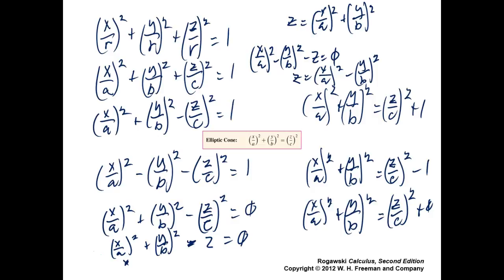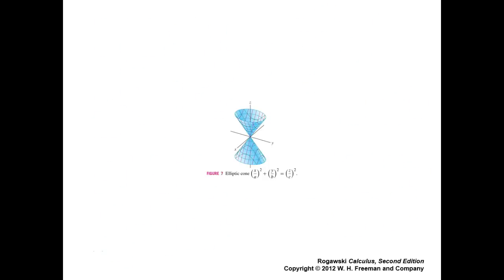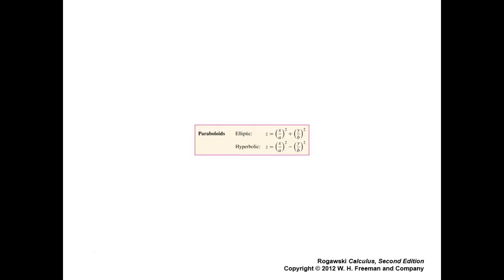And we'll go back and see. By the way, we're right near the bottom of page 673, section 12.6, survey of quadric surfaces. Here are your paraboloids. The hyperbolic paraboloid is z is equal to x over a squared minus y over b squared.